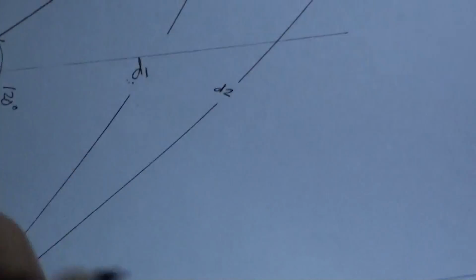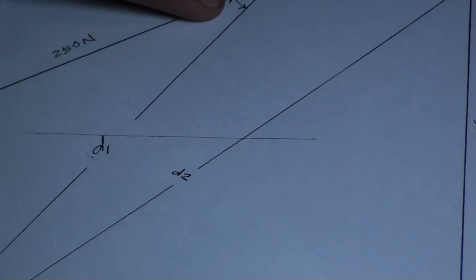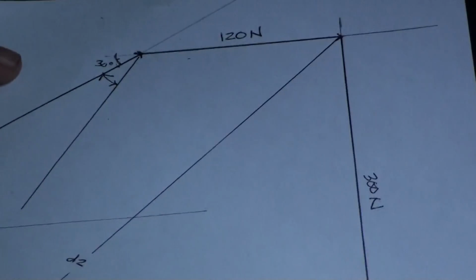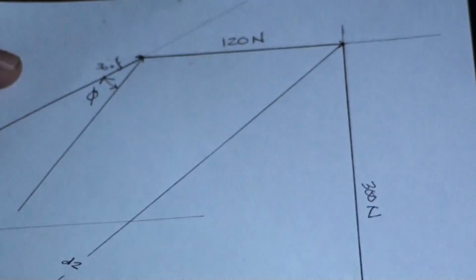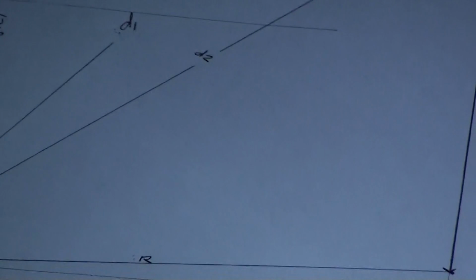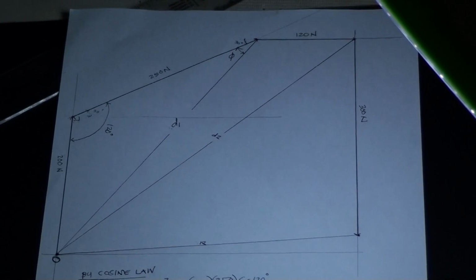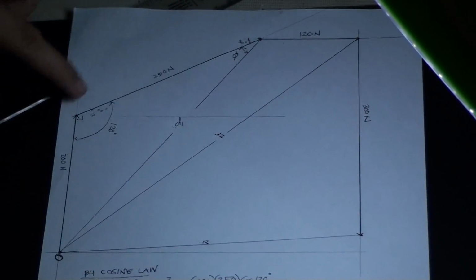so we need to get this angle. I will call this as angle P. For angle P, so by sine law, if you try to see the figure which is the triangle 1, this one.